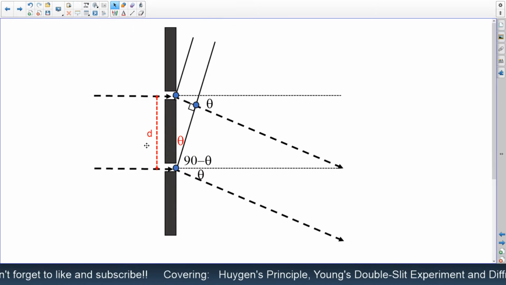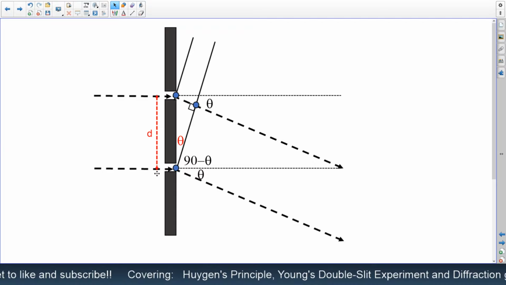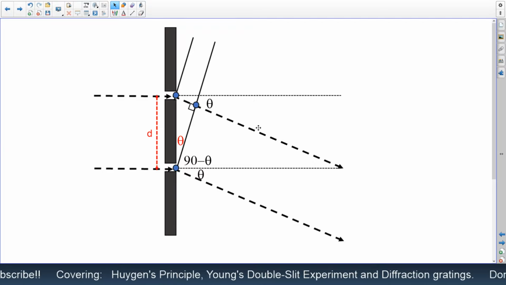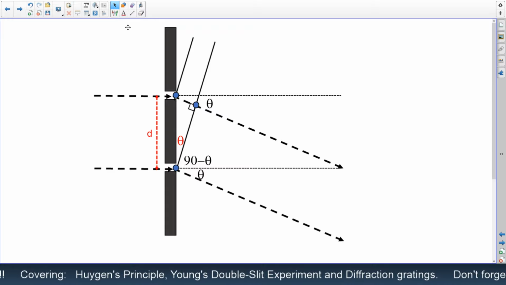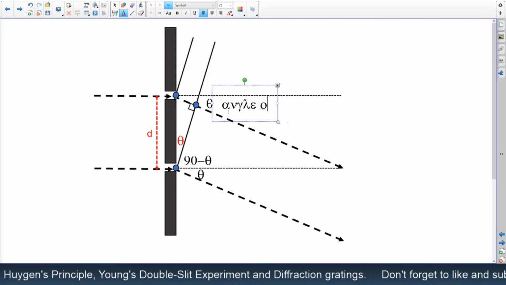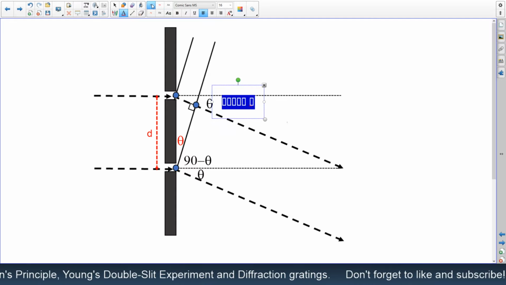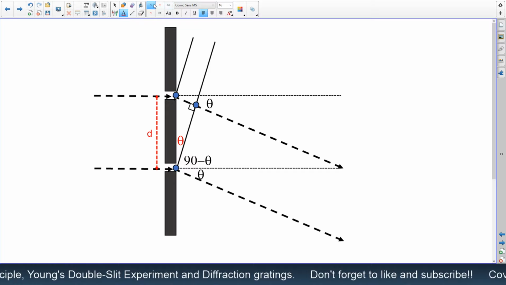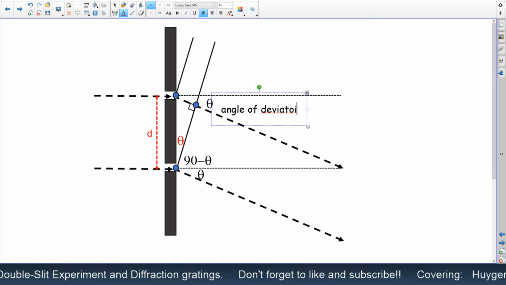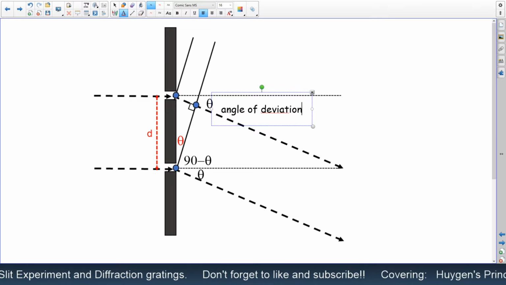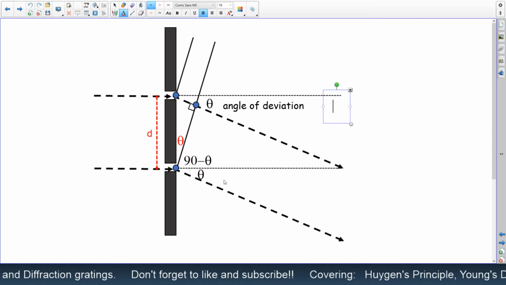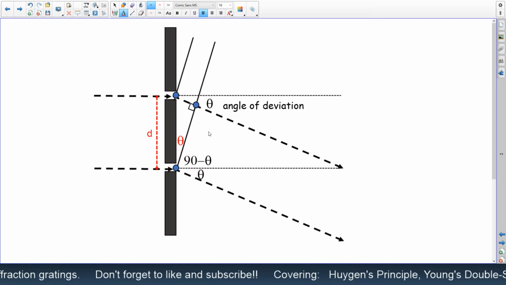So what we've got here is the separation d, and the angle of deviation as theta. So we'll put that in there, angle of deviation. Let's put it in English, that would be actually quite helpful. It's the angle of deviation. All right? And these are all theta, so that's theta there, that's theta in here.